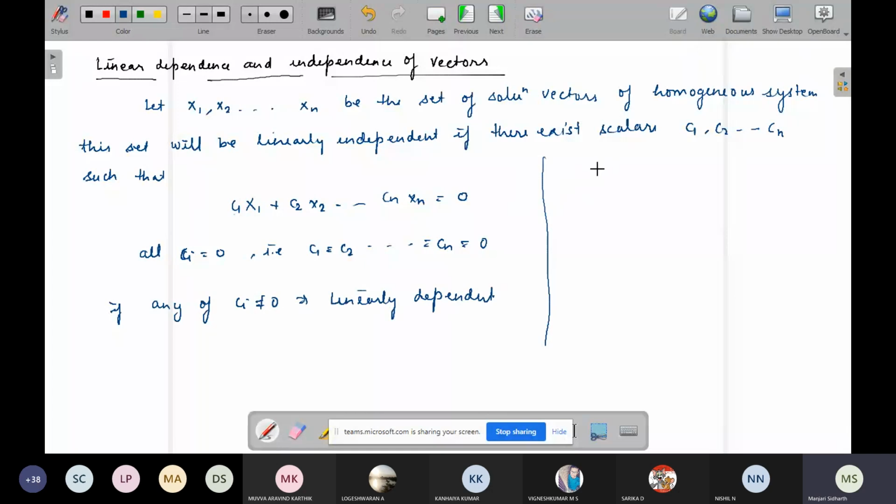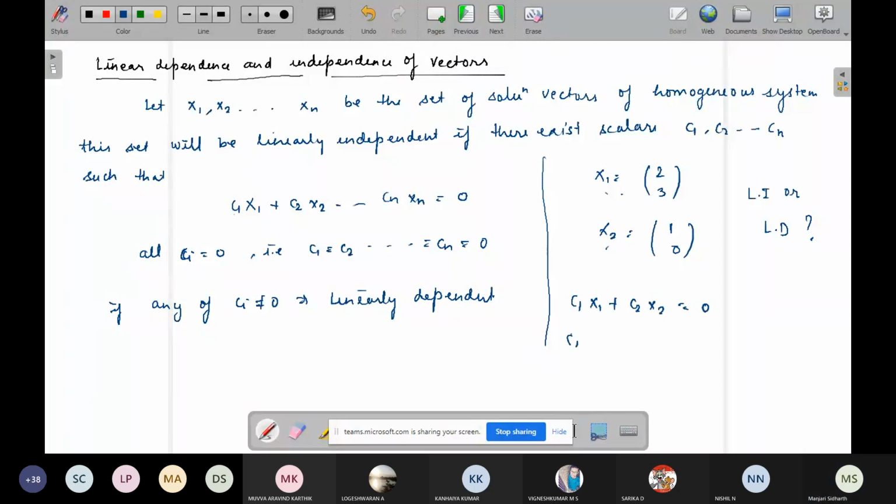Okay, so if you want, I can give an example. Suppose we have, let us take two vectors. x1 is 2, 3, x2 is 1, 0. Now you need to check whether these x1 and x2 are linearly independent, LI, or LD. So we take the linear combination, c1 with x1, c2 with x2, take the linear combination as 0.